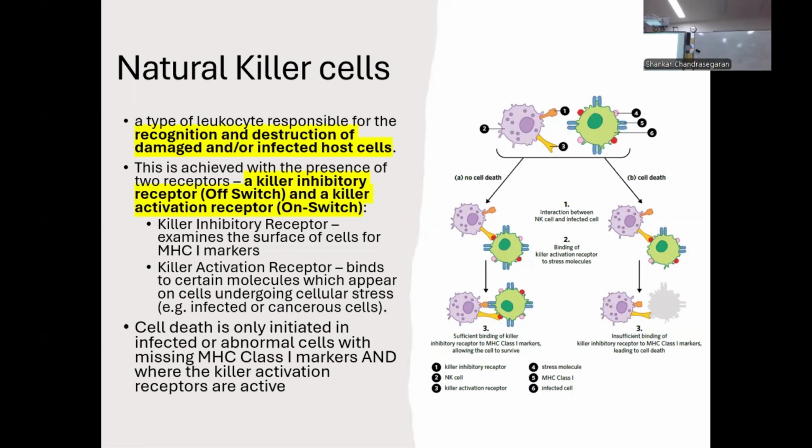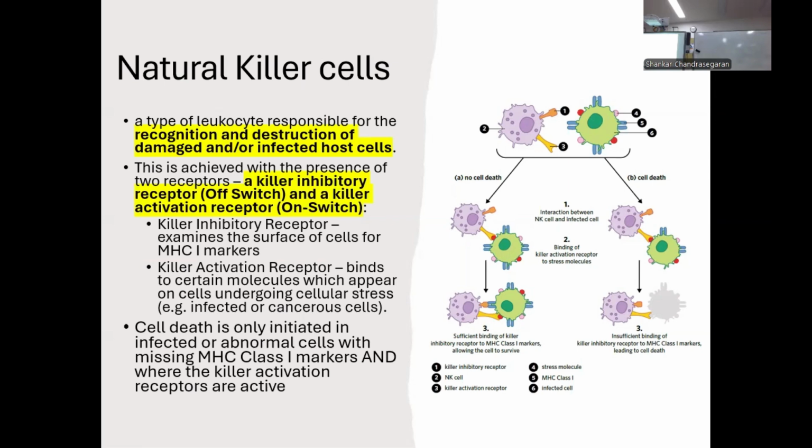If it says there are very little MHC class 1 markers, that is a go from the killer inhibitory. And then if the killer activation receptor also says that this cell is undergoing cellular stress, both of them are in agreement, and at that point, they will basically trigger cell death by a process called apoptosis.